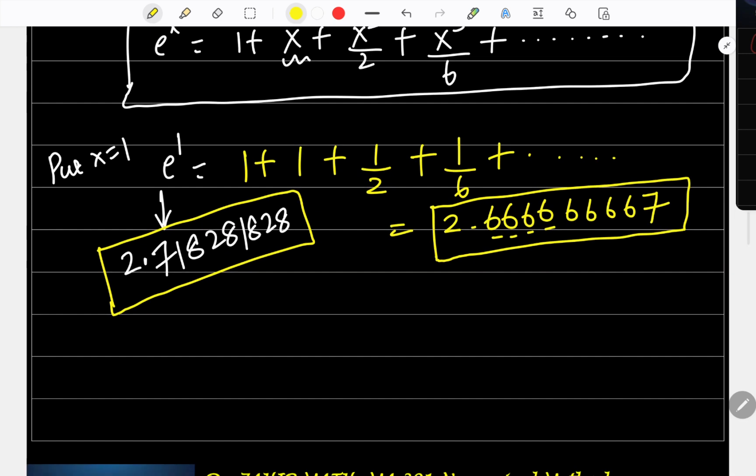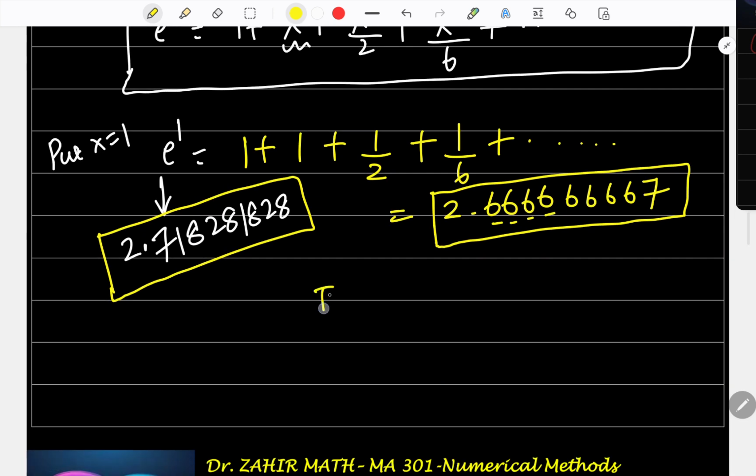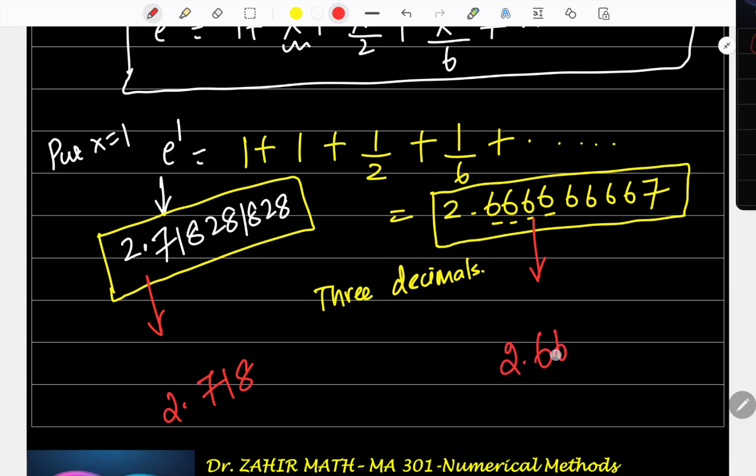For example, let's say approximate to 3 decimals. The original value is 2.718, but our approximate value is 2.666. Okay, teacher, what is the problem? No, we are studying about errors, so we should be very careful in the calculation.